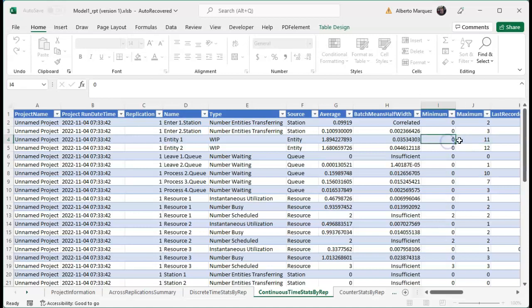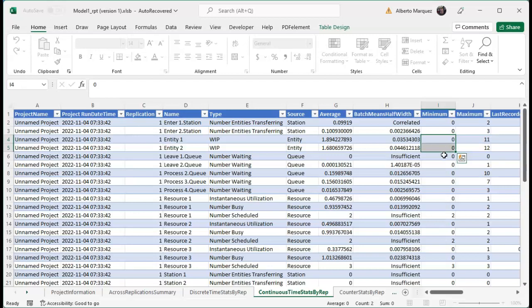This is the maximum number observed of WIP, work in process, at any given time in the simulation: 11 for entity type 1 and 12 for entity type 2. In both cases the minimum was 0, particularly at the beginning of the simulation. And since the utilization was also less than 1, it may be that at some point the system didn't have any of one of the particular entities, either 1 or 2.